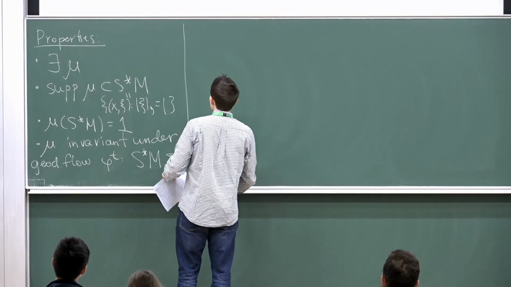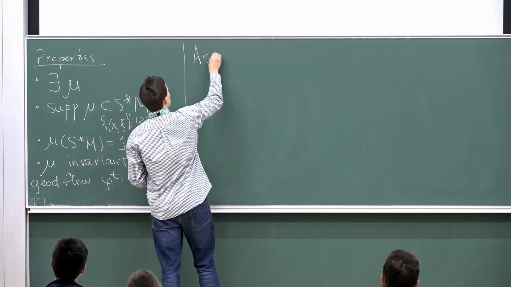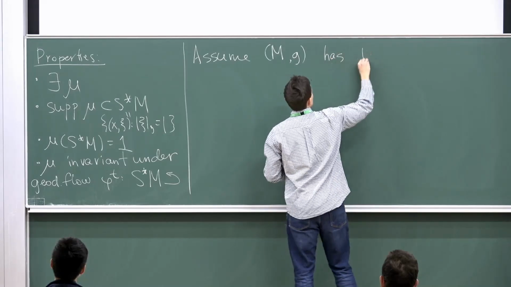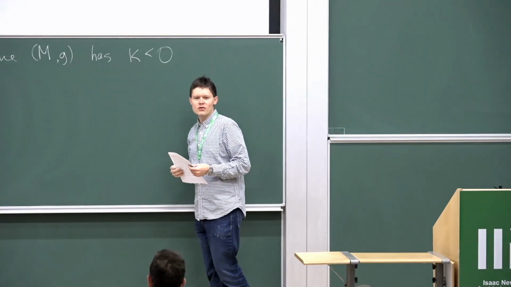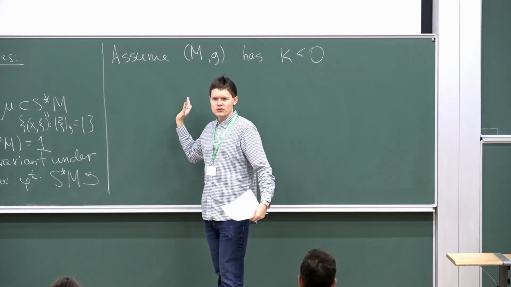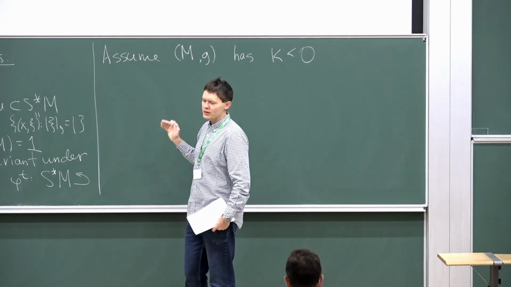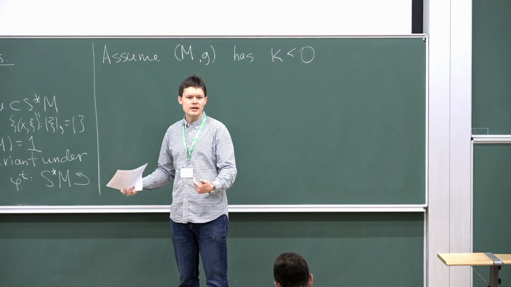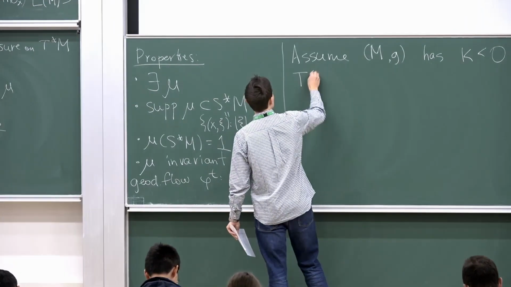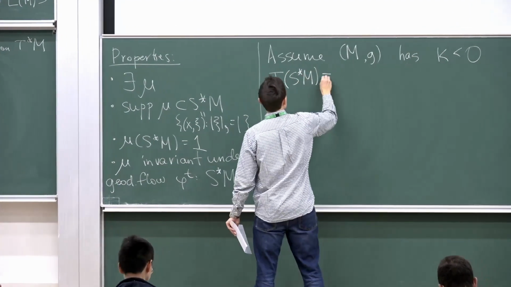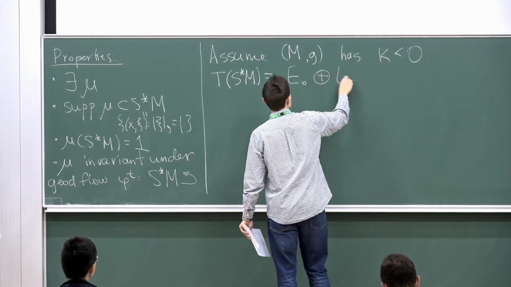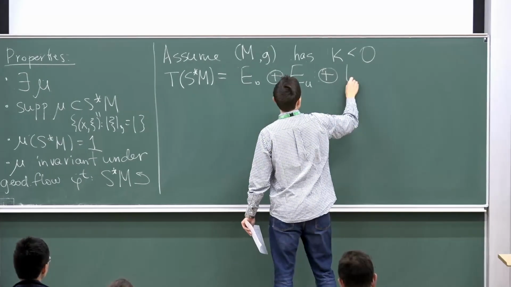From now on, I will assume that my manifold has negative sectional curvature. I'll write a scale less than 0, but I always mean sectional curvature here. That's the assumption that will persist throughout the talk. The way this assumption is used is that the geodesic flow has a stable-unstable decomposition, also known as having the Anosov property. So you can decompose the tangent space to the phase space of the flow as the flow direction, and then the unstable and stable spaces.